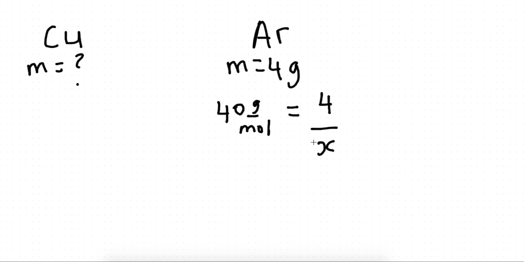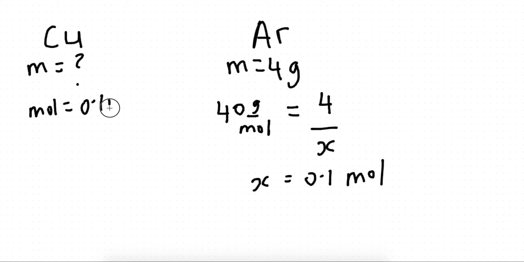We don't know what that is. So 40x equals 4, x equals 4 over 40, which is 0.1 mole. So if argon has 0.1 moles, it means that copper has 0.1 moles.